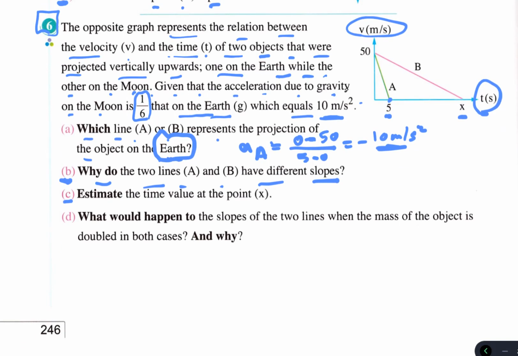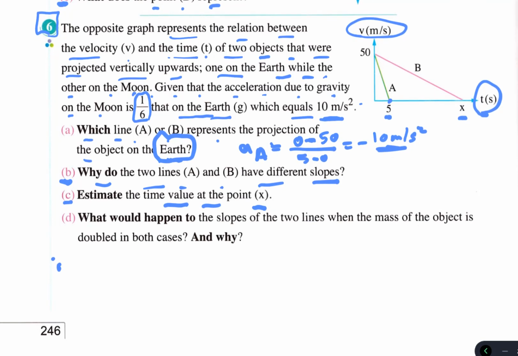Letter C, estimate the time value at the point X. So let's solve it together. A for B. Let's calculate the acceleration: 0 minus 50 over x minus 0. He said it is 1/6 the acceleration due to gravity, so it equals negative 10/6.